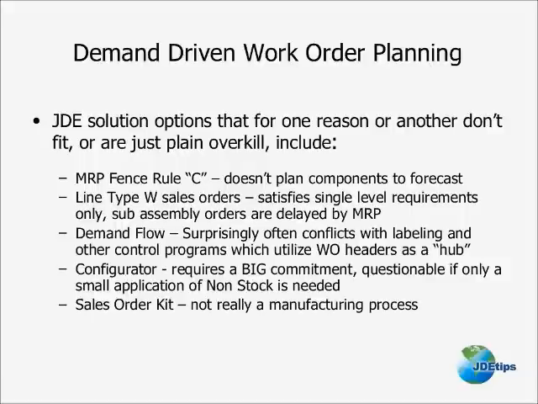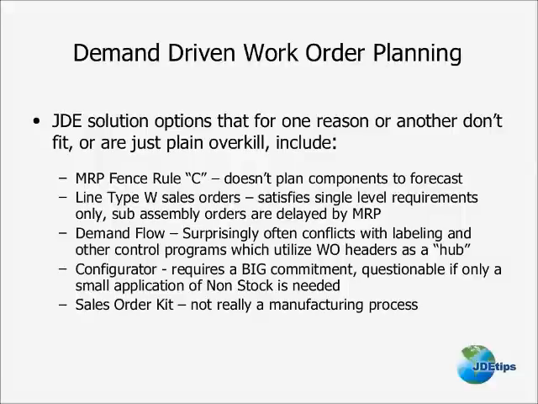Okay, the next option is line type W sales order. Well, it's pretty strong in that as soon as a customer order comes in, the system automatically generates a work order header for you for the line item on the sales order. I guess what sometimes doesn't work is that it's kind of only single level.